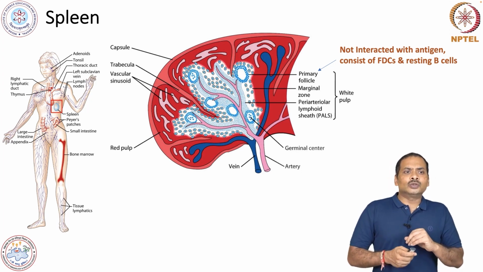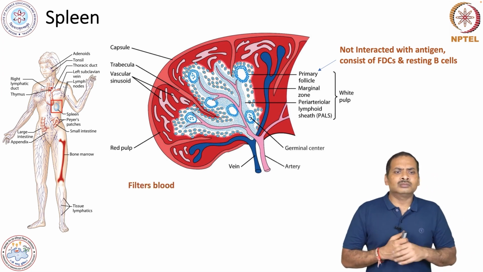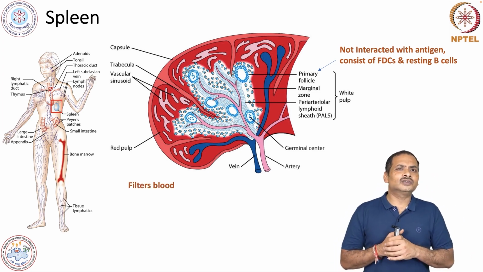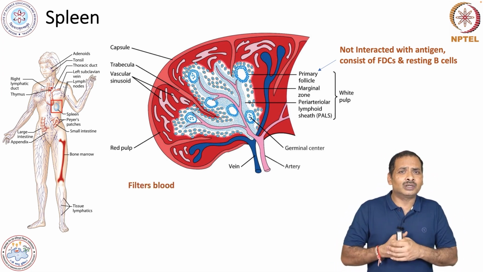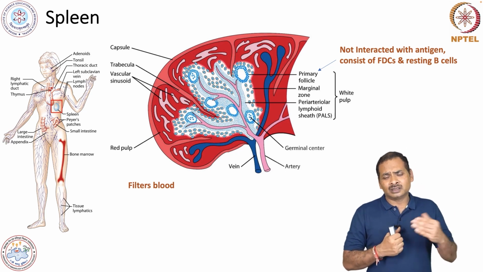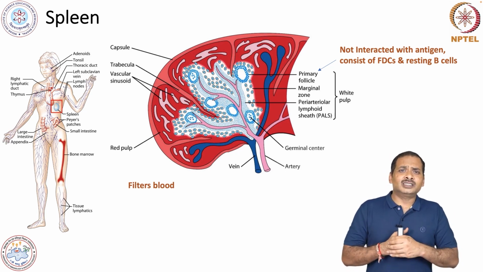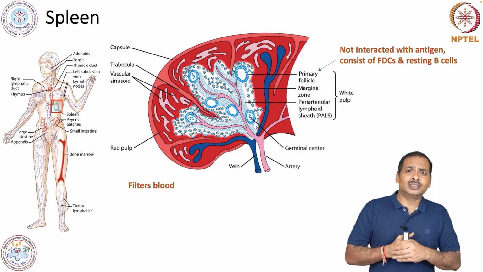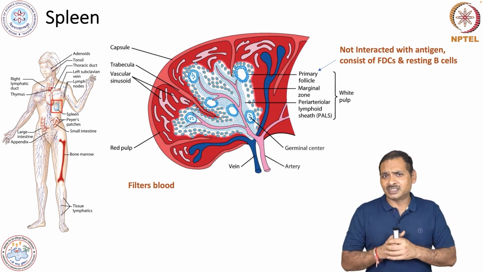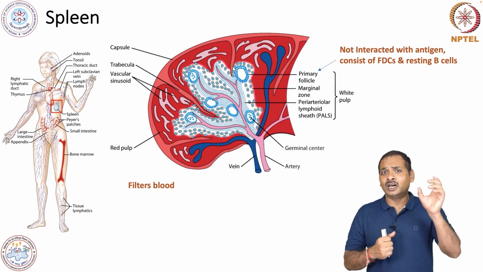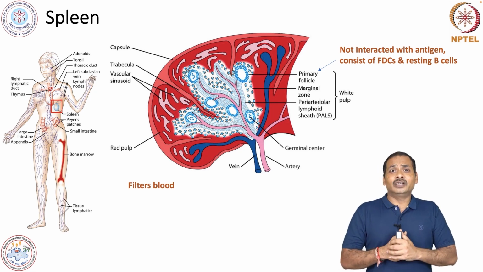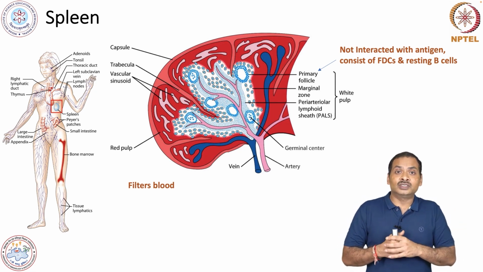So, what is the function of the spleen? The most important function, which you have probably studied in earlier classes, is that this is a place where quality control of blood cells takes place, particularly RBCs. We also call it the graveyard of RBCs.